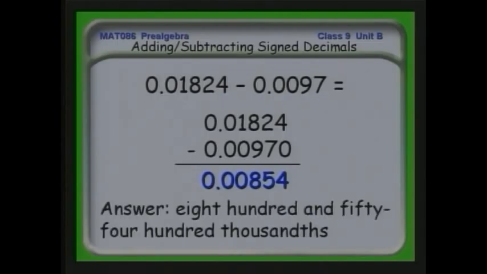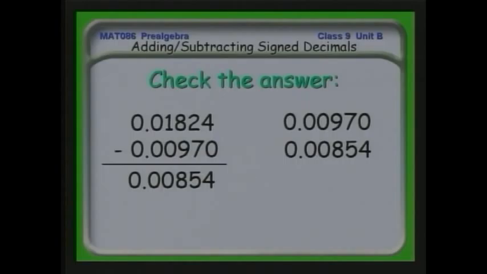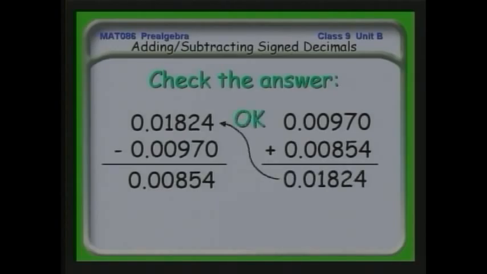And the answer is 854 hundred-thousandths, if I wanted to say it correctly. And of course, just as we did with whole numbers, we can take the result of our subtraction, add it to the number that we subtracted, and it should come out to the number we started with if the subtraction is correct.